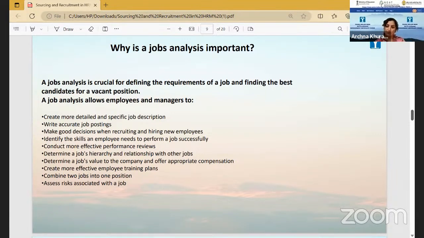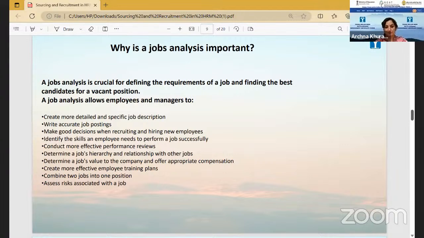So for having accurate job postings, you need to have the job analysis written really well, because sometimes organizations lose their brand value purely because a number of people leave the organization dissatisfied that the things which were told to us during the interview process were different than what we are made to do in the organization. That difference should not come out of this. That's why it brings a lot of accuracy in job postings.